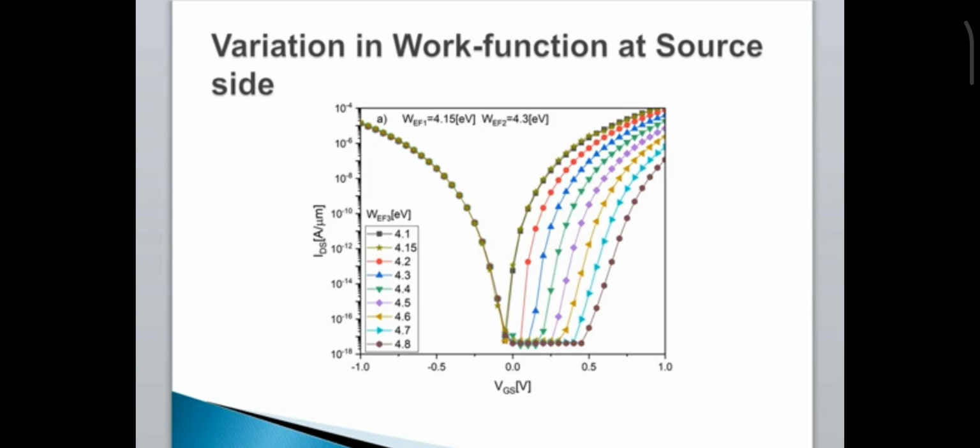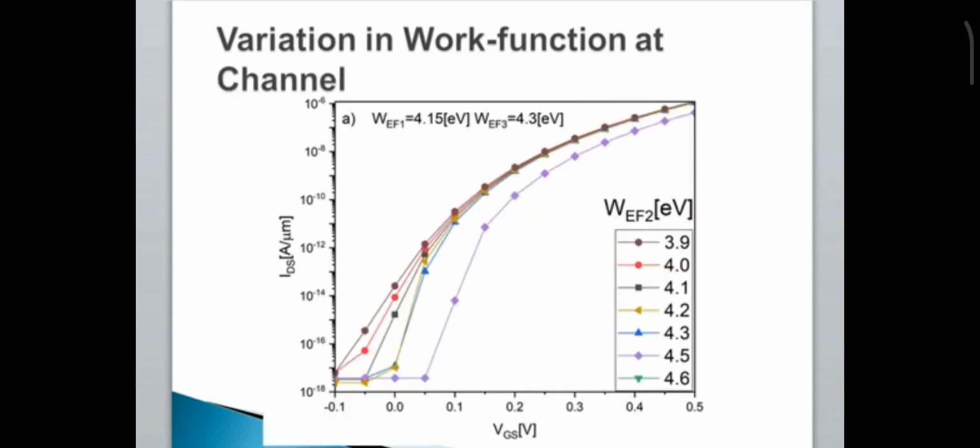The variation in on current takes place by changing the work function near the source channel interface, and there is almost no change in the ambipolar current by changing the value of work function WF3, that is near the source channel interface.